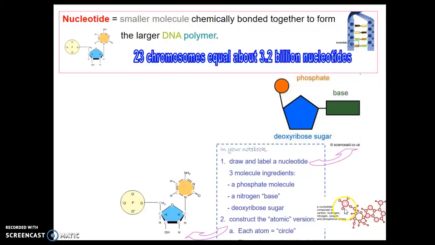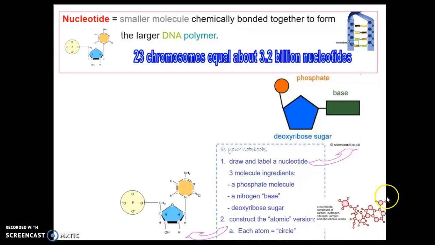This next part would be the CH2. So you'd put carbon, hydrogen, hydrogen. This next part here, which is kind of a circular structure, this would be the deoxyribose sugar, and you would write oxygen, carbon, carbon, carbon, carbon, oxygen, hydrogen.